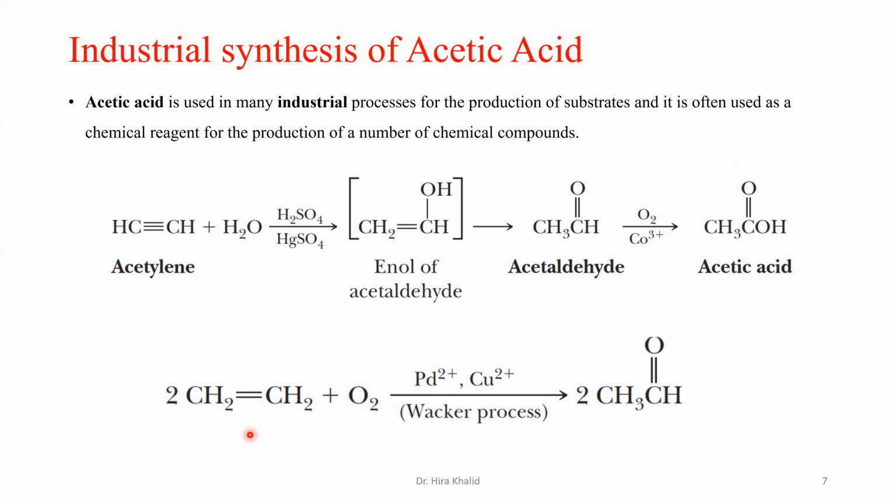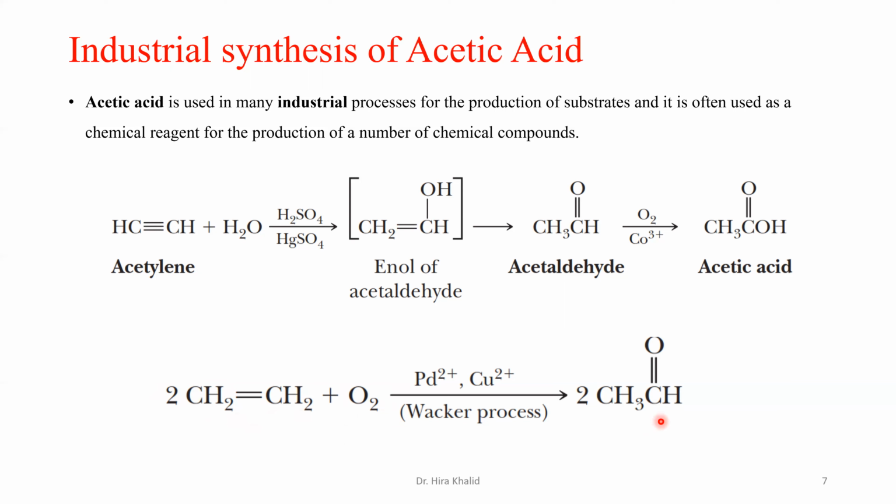Another important industrial process is the Wacker process, which is named after the chemist who developed that method. It utilizes a transition metal catalyst for the oxidation of alkenes. So when we treat the alkene, this is ethene, right, when we treat ethylene with oxygen, it is converted into acetic acid.